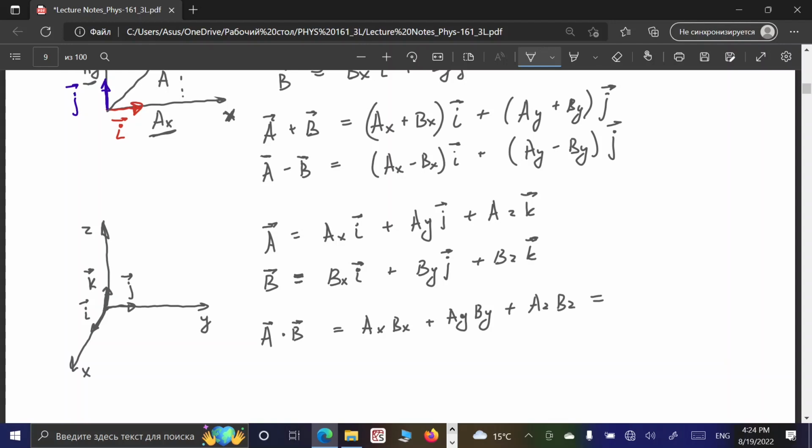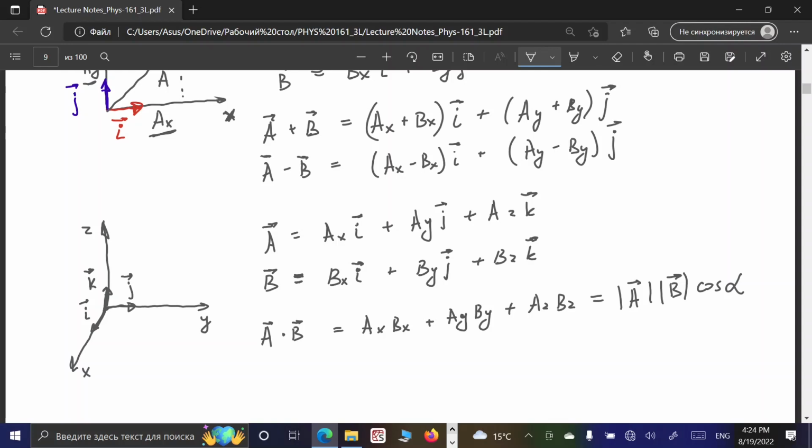Or we can represent it as the product of the magnitudes of vectors A and B times cosine alpha. Alpha is the angle between the two vectors A and B, which we use for this dot product.